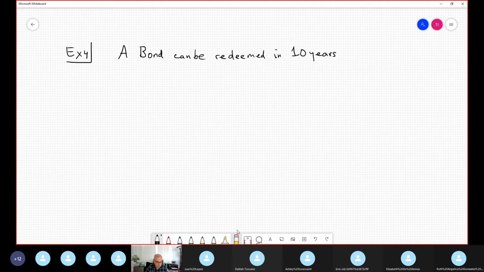Okay, the maturity time for the bond is for 1,000. So you buy the bond right now. I don't know exactly what the price is, but in 10 years you receive $1,000.